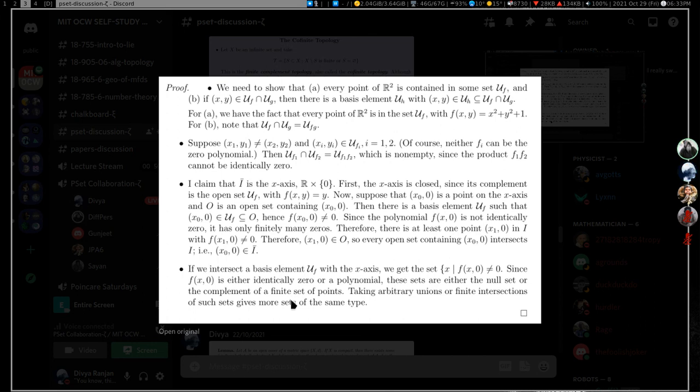You don't even have to finish a problem. You just need to have a serious approach, a serious draft.